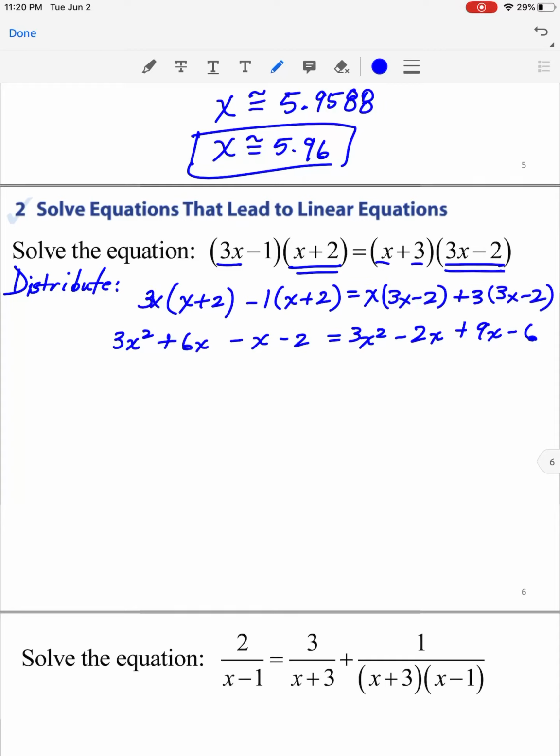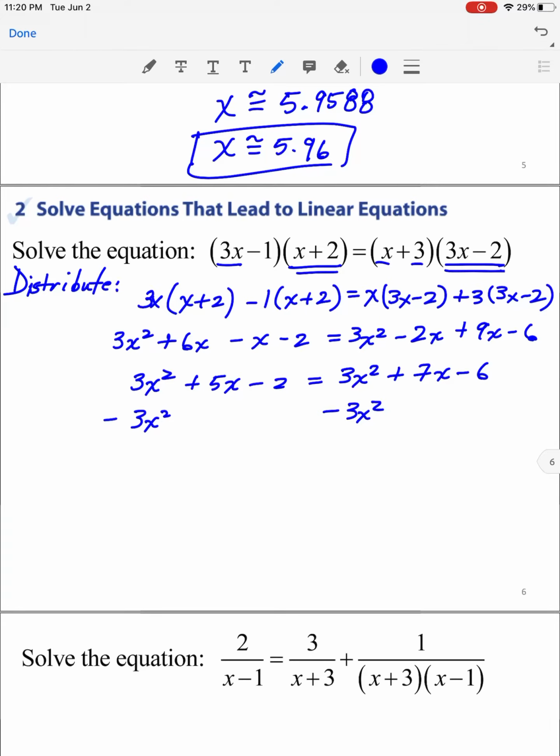Combine like terms and simplify. We have 3x squared plus 5x minus 2 equal 3x squared plus 7x minus 6. Get your variables all on one side.